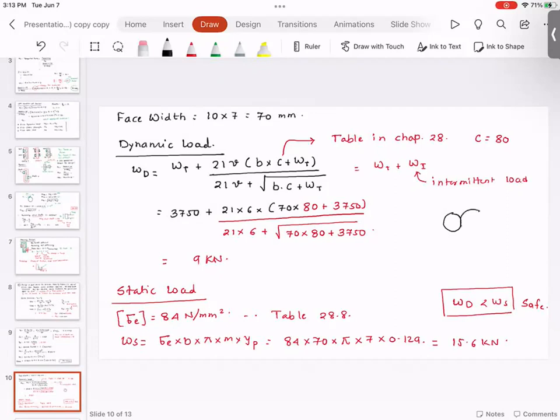So the gear loading is sort of a fluctuating load, loaded by fluctuating or alternating load.